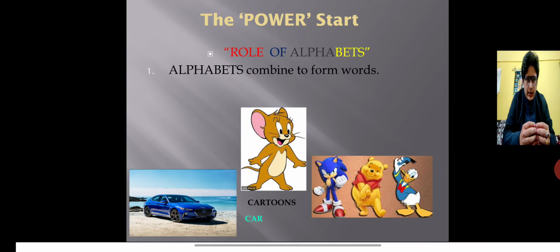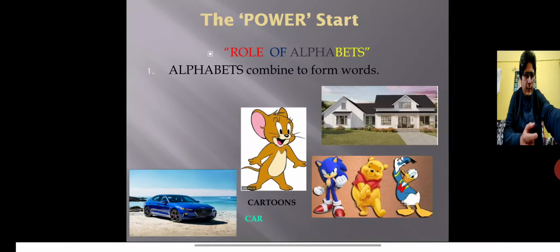So what we are trying to understand here is that several words are needed in order to express things, in order to express pictures. And these words, when combined, form sentences, and sentences are what are needed to communicate with others. So the basic building blocks are alphabets, or in a way, words.